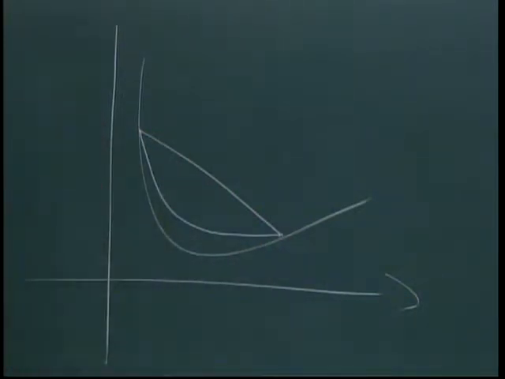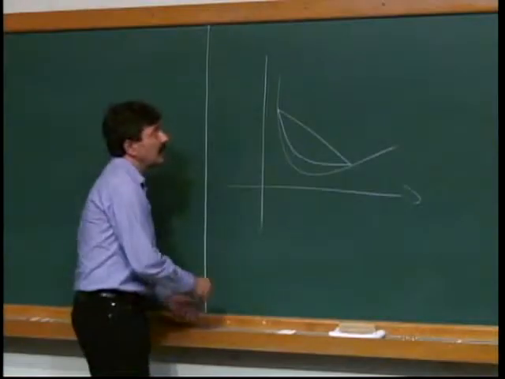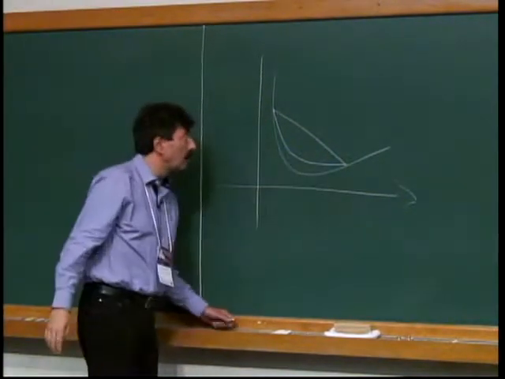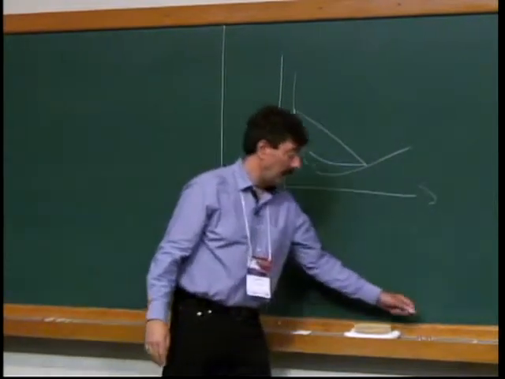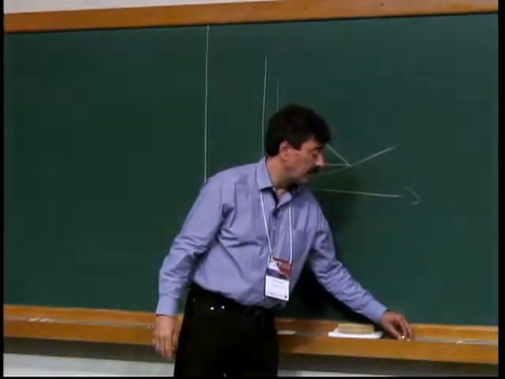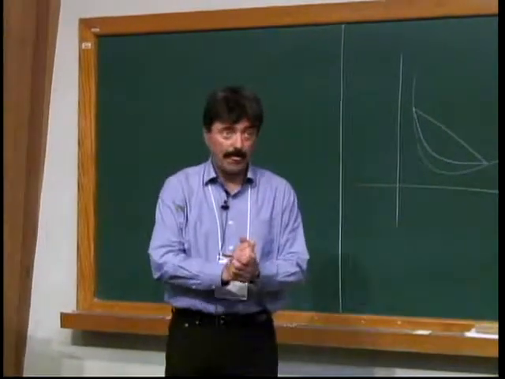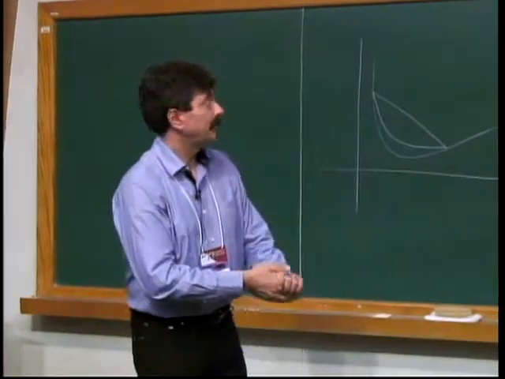And of course, the parabola is not uniquely determined by these 2 points, so it depends on the value of c as well. But anyhow, this is the geometric interpretation of strong convexity, that the graph of the function is not only below the line segment between the 2 points, but below a certain parabola through the 2 points. And this property is valid, of course, for all 2 points of the interval.